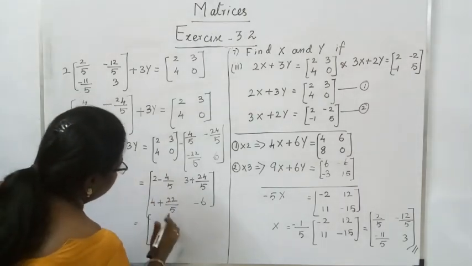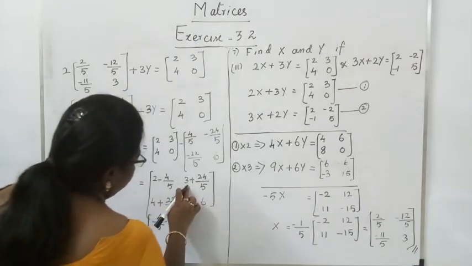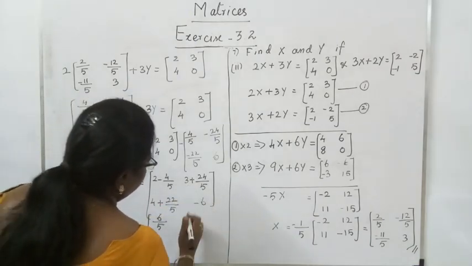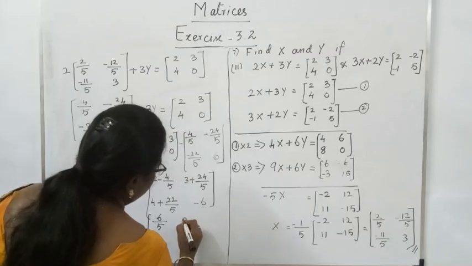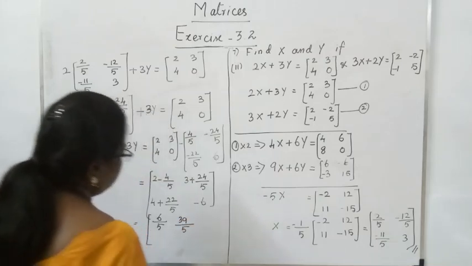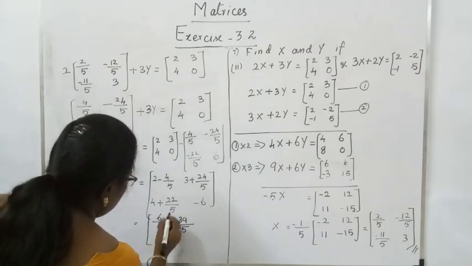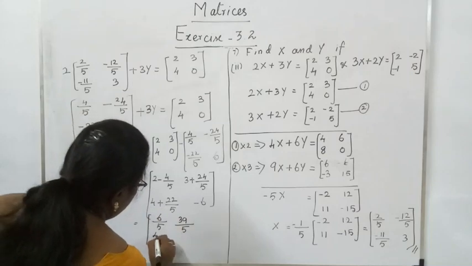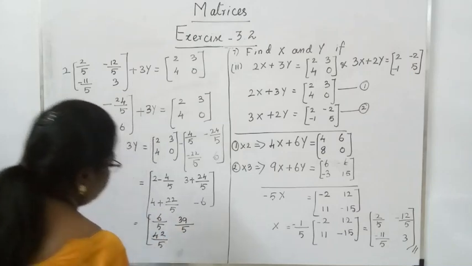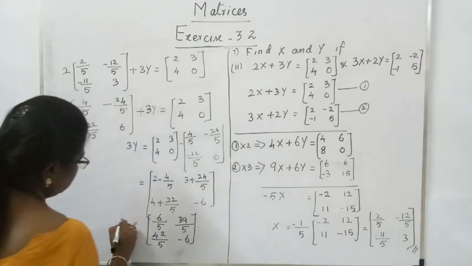So 6 by 5, 39 by 5. Now here 42 by 5, here minus 6. Now this is the 3y value.